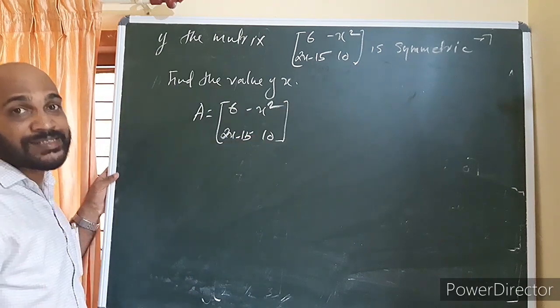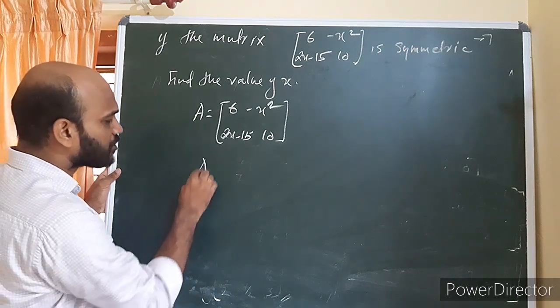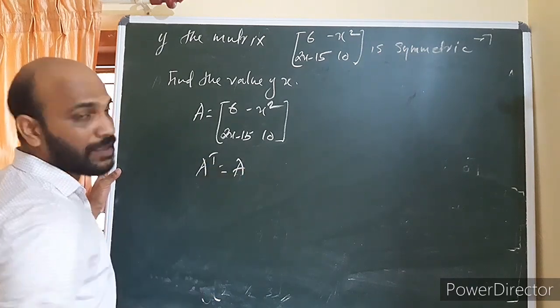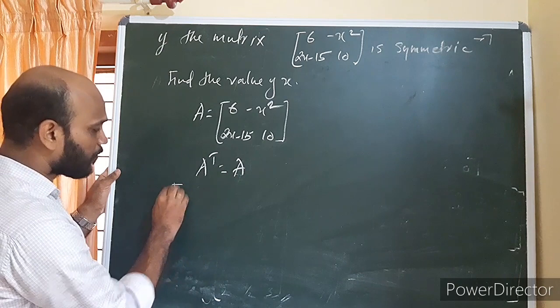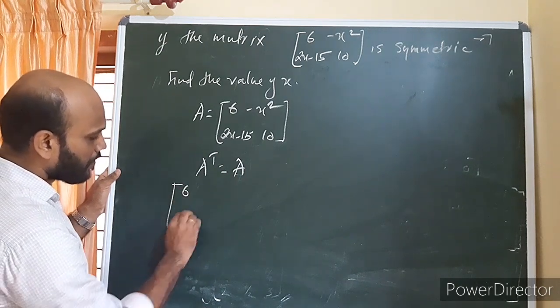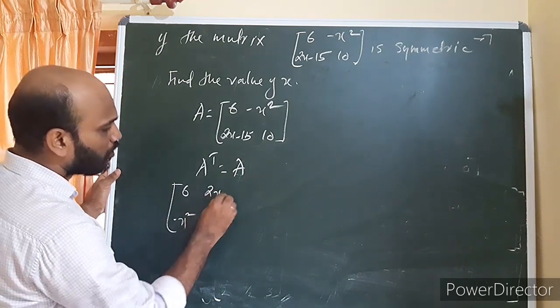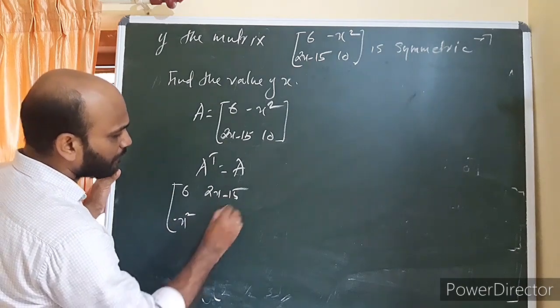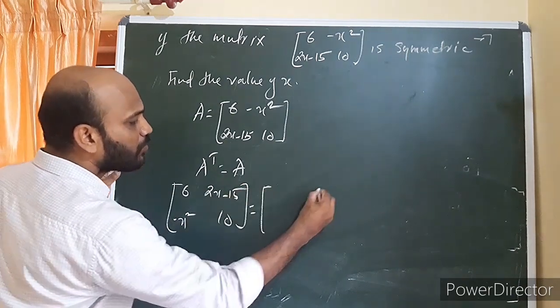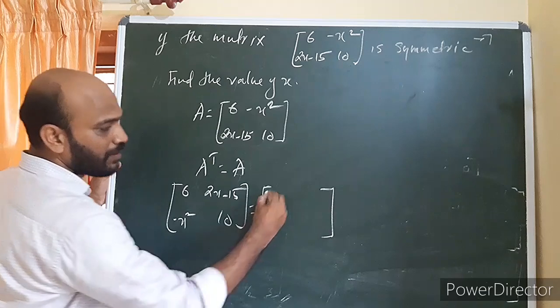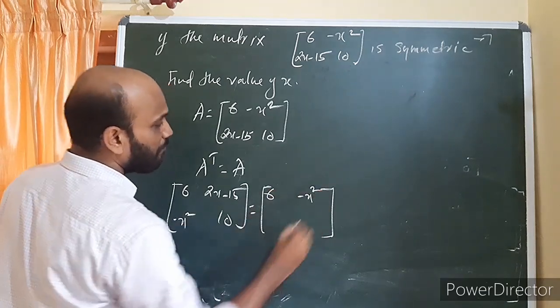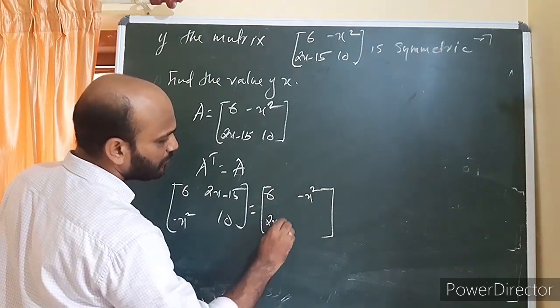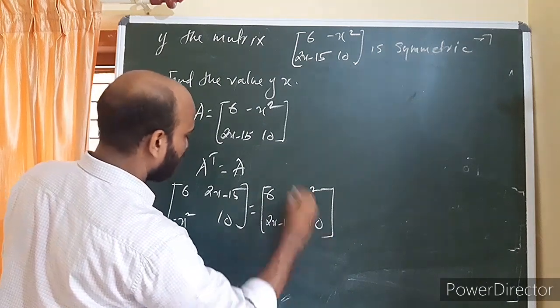Given that matrix is symmetric, that means A transpose equal to A. A transpose means 6, minus x square, 2x minus 15, 10. This is equal to A, this 6, minus x square, 2x minus 15, 10.